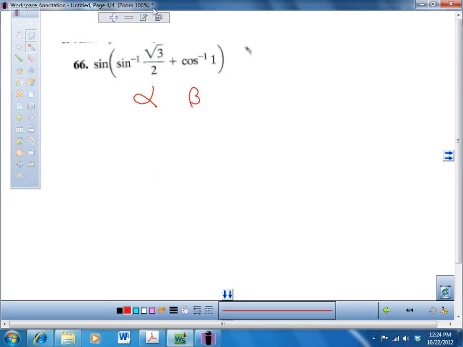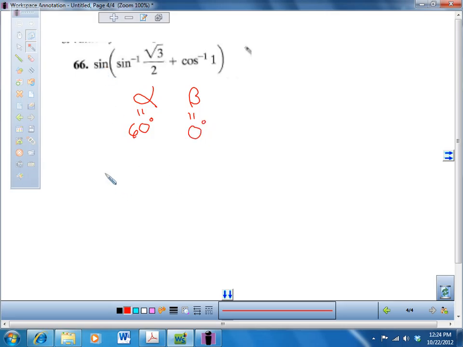Now you guys know, because you're smart, where is sine equal to square root of 3 over 2? At 60 degrees. We're just going to go in degrees. So alpha is 60 degrees. See that? And what is the angle whose cosine is 1? 0 degrees. Okay?